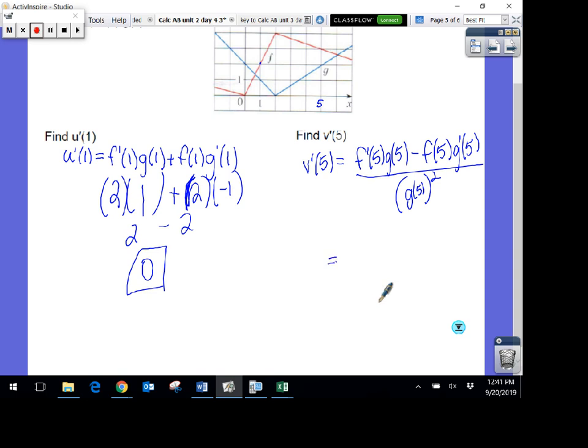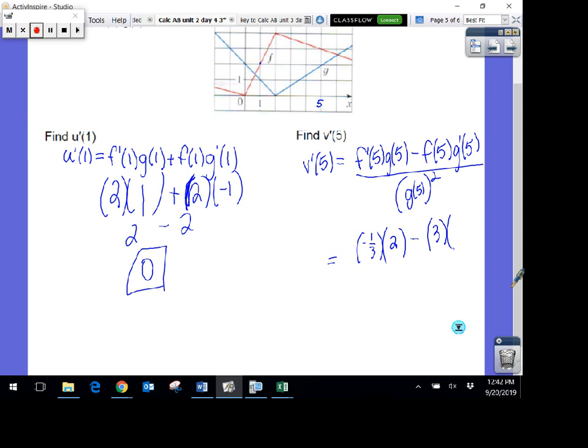All right, so f prime of 5, the slope of the tangent line of f at 5. So we go up to the red, rise 1, run 3, so that's negative 1/3. g of 5, the value of g at 5, 2. f of 5, the value of f at 5, 3. g prime of 5, the slope of the tangent line at 5 on the g graph.